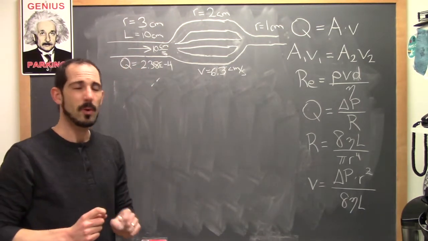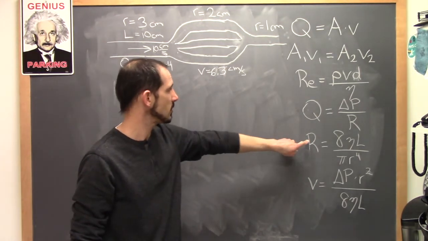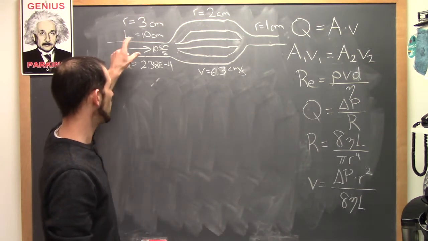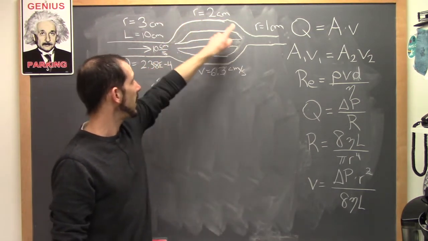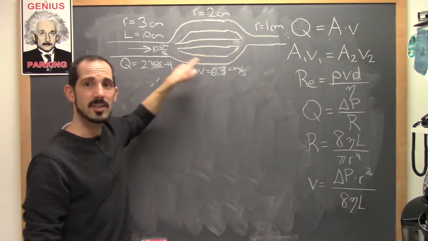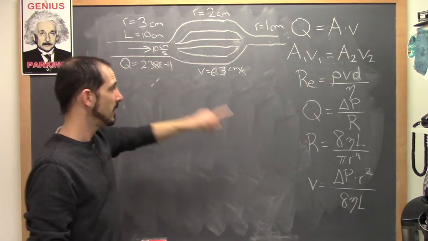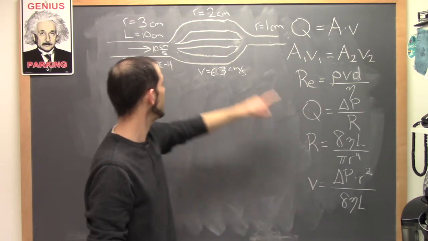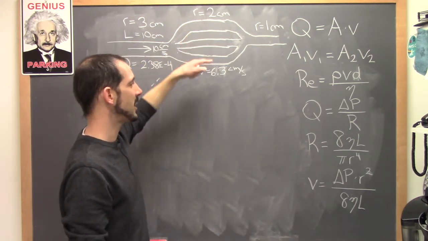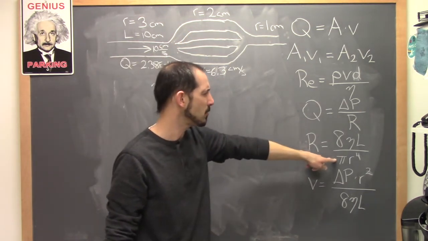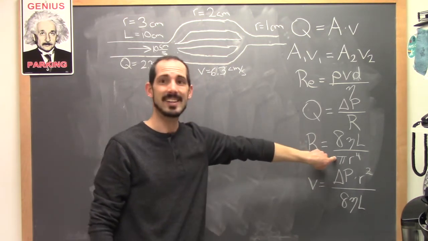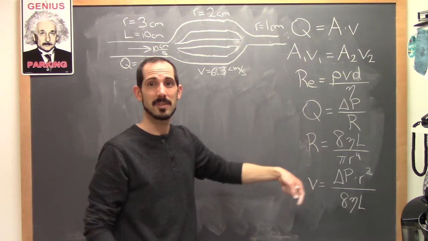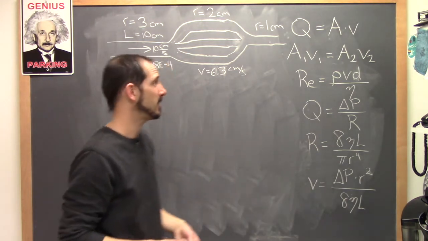But whereas before I could simply use this resistance equation for each section, when I had one piece of pipe, the narrow pipe, and then the wider pipe again, here there's no single calculation I can do for the resistance. I can't just say I have a radius of 2 centimeters, I have 3 of them, so I do 3 times pi r to the 4th. The math doesn't work that way because this is not an area piece, so I can't just say it's 3 times an area, because there's a pi and then there's an r to the 4th.